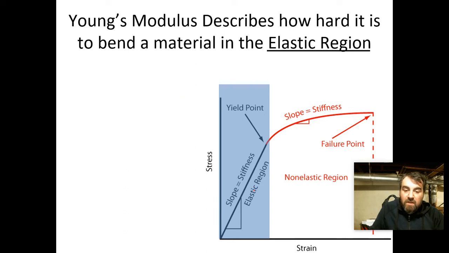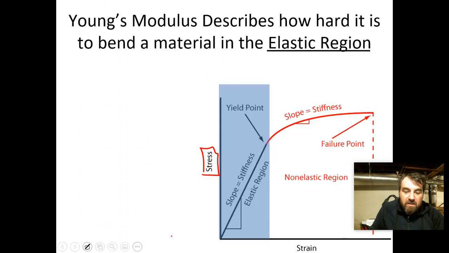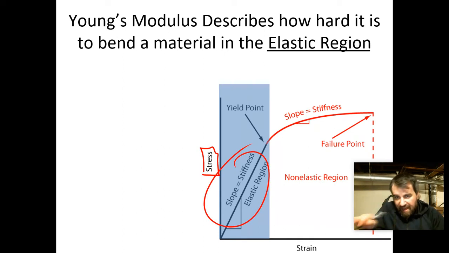Basically, the way we figure it out is we take the stress, whatever the stress is, and we divide it by whatever the strain is. A lot of times the graph will tell you exactly how to do it. You just find any point, any one of them. Ideally, you'll find one that's on one of the hash lines that tell you exactly the amounts. You pick any point and take the number for the stress divided by the number for the strain.